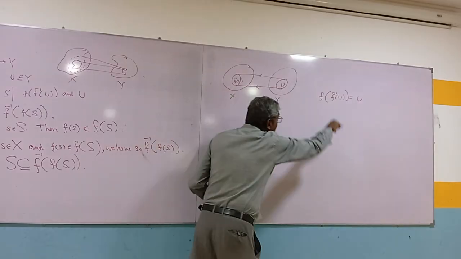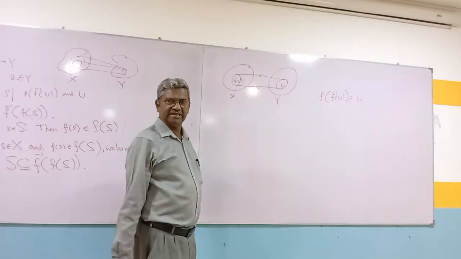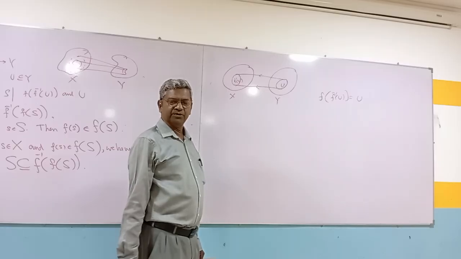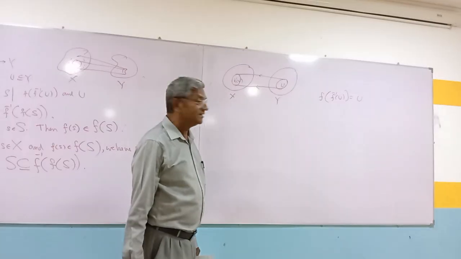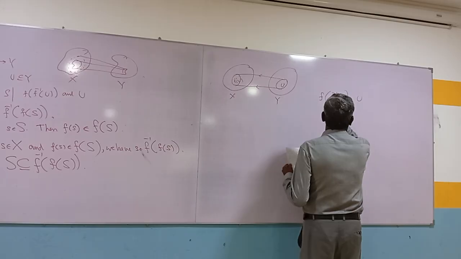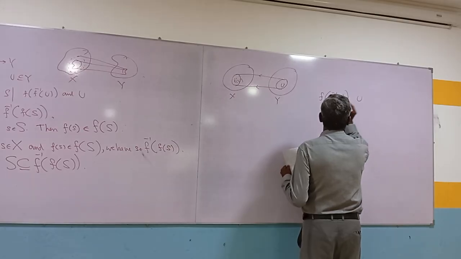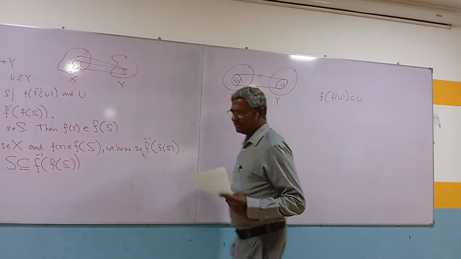Now you are going back up. F of F inverse of U. Do you think it must be U? That one is a subset of U. Why do you say that? You are saying F of F inverse of U is a subset of U. That's what you are saying. Why do you say that? What's the reason?